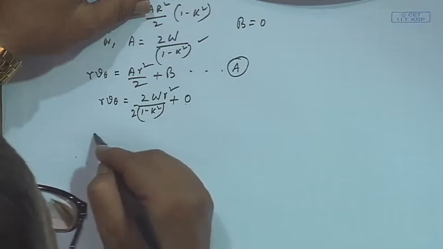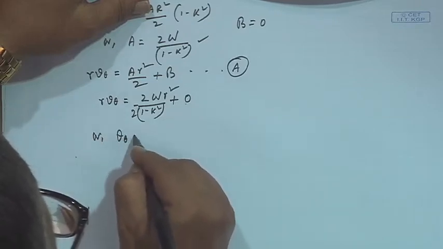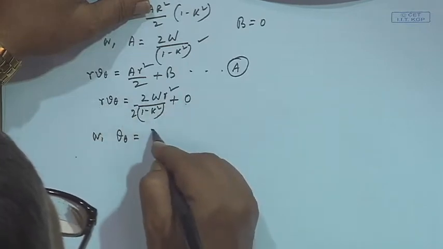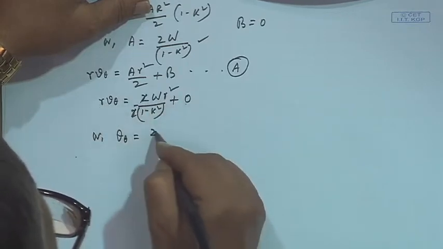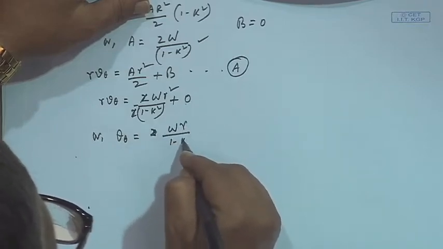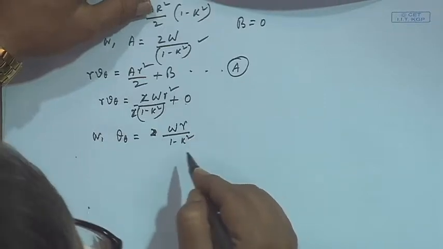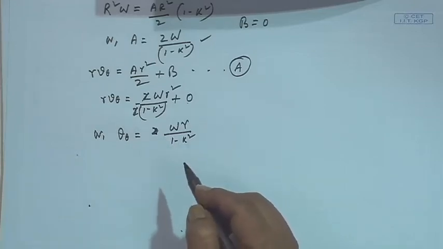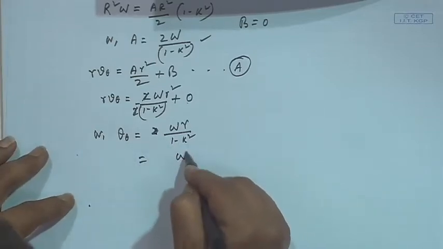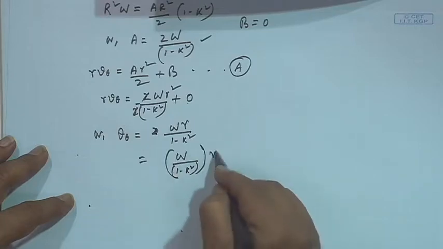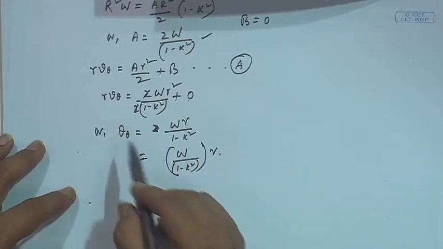Or we can write v theta is equal to, this r square and r goes out, the 2 and 2 cancel, omega by 1 minus k square into r. So, v theta is that.